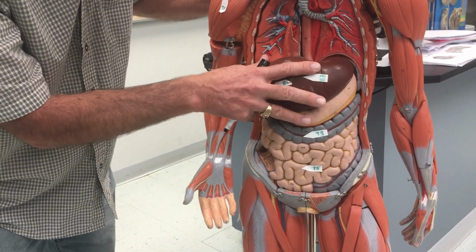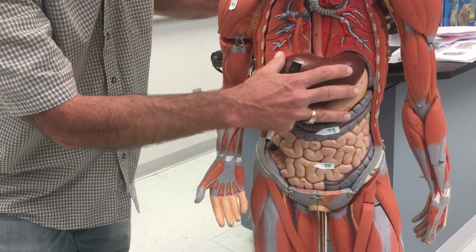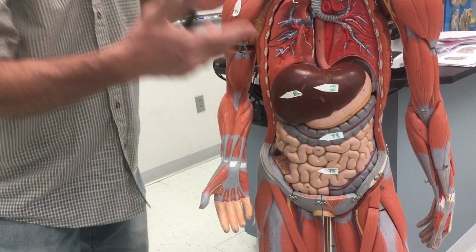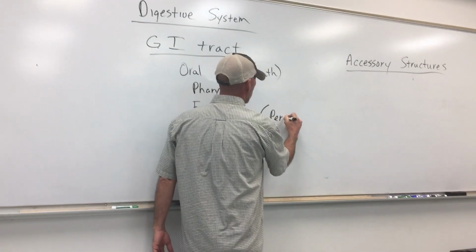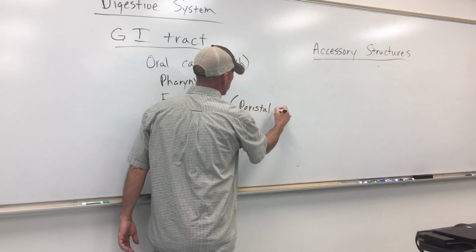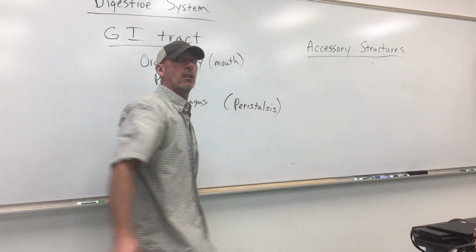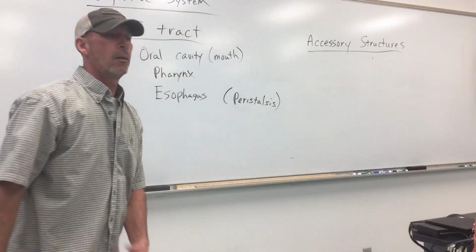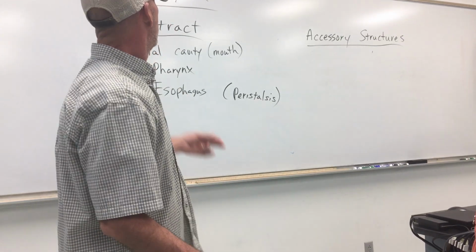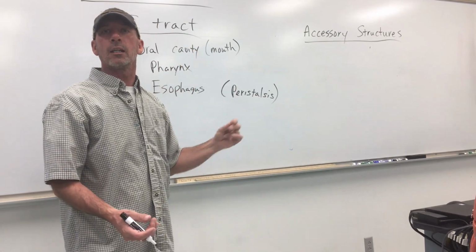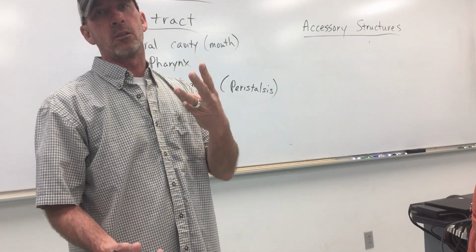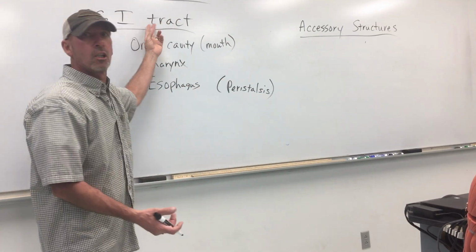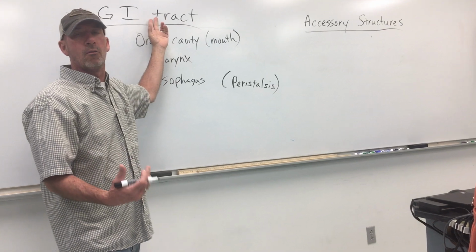But the esophagus is unique in that it has a type of muscle contraction that we refer to as peristalsis or a peristaltic contraction. It works like this. The entire GI tract, except one structure, which is the stomach. The stomach has 3 layers of muscles.